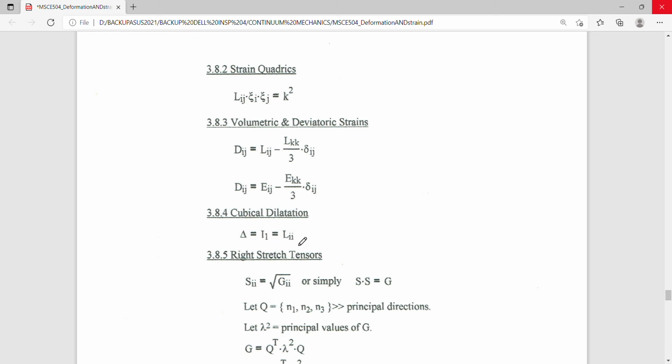So this is simply Lii. So this is simply L11 plus L22 plus L33.